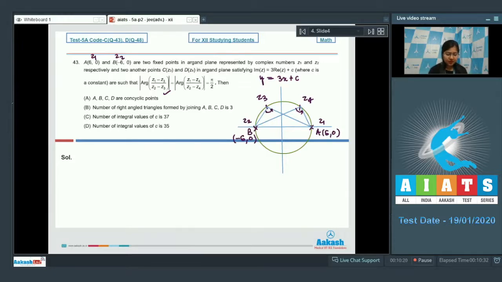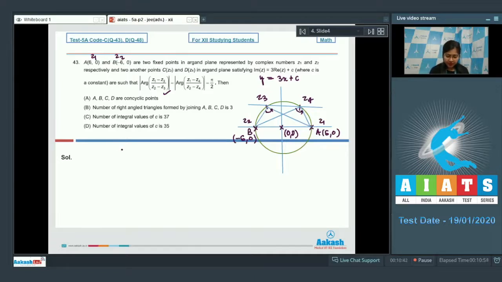Now it has been given that Z3 and Z4 both lie on the line y equal to 3x plus c, right? So this is the point 0, 0. So we can say that if we drop a perpendicular from the center on this line, then it should definitely be less than the radius of this circle. So let's do that.